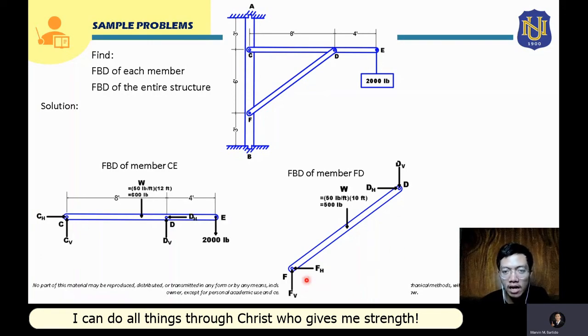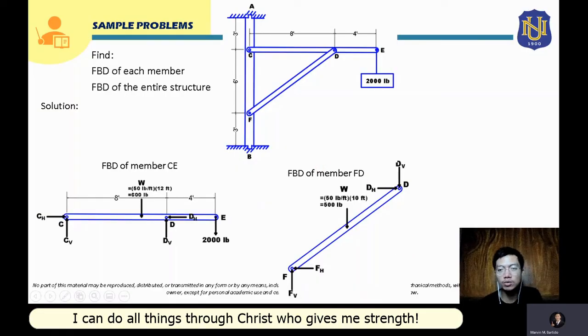And also, we will just assume this FV. Since all the vertical forces here are downward, your FV here should be upward, just to maintain the equilibrium of the system. But again, these assumptions are not yet proved right unless we have the solution. In this case, this will now be the free body diagram of member FD.